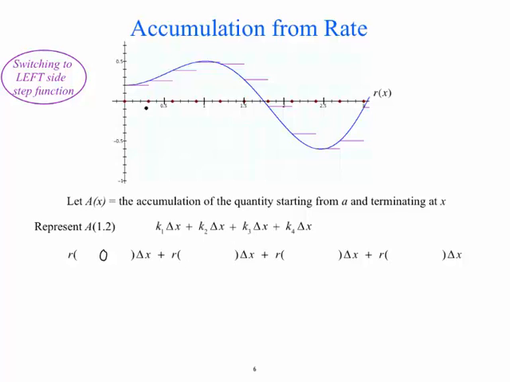What will be the next rate? R of 0.3, which is really the starting value 0 plus going over one interval, 0.3. What is the next x value that will give us this third rate? 0.6, right?